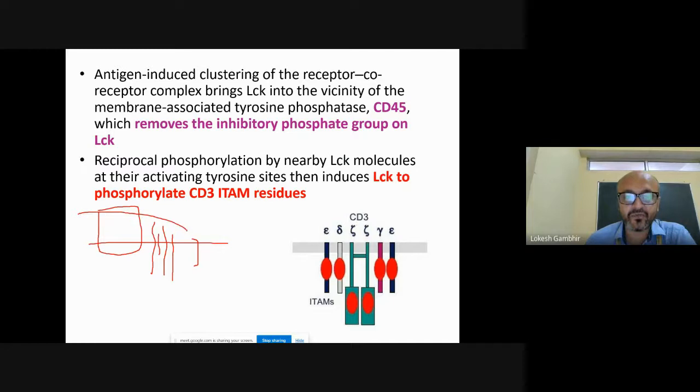Once this is bound to the antigen, this LCK will come near to this CD3 and will cause the phosphorylation on the cytoplasmic tail region, on the motifs called ITAM motifs. This phosphorylation, addition of a phosphate group, is very crucial in order to activate the signaling.